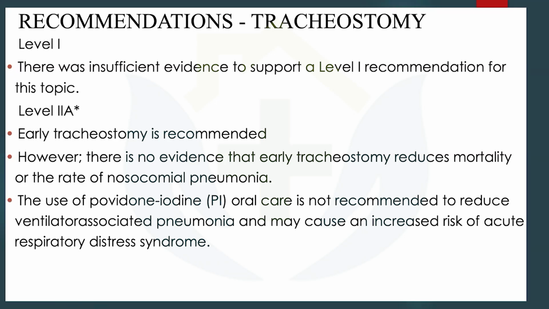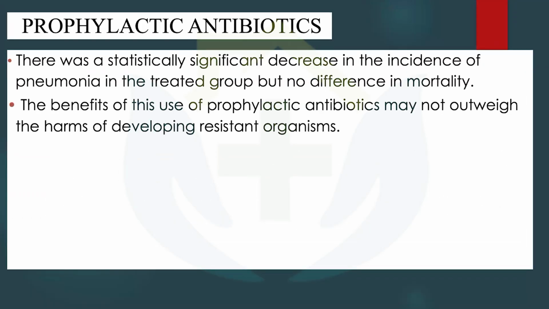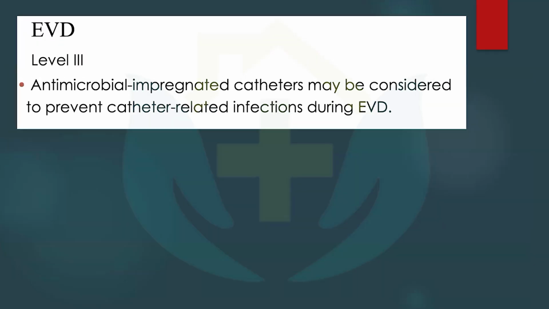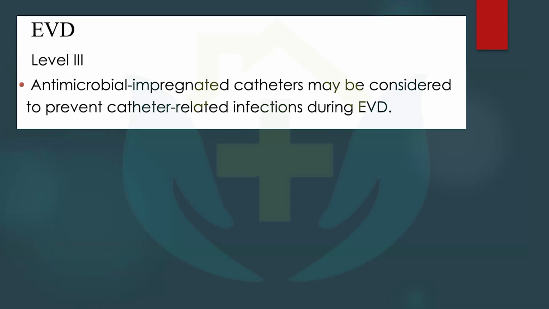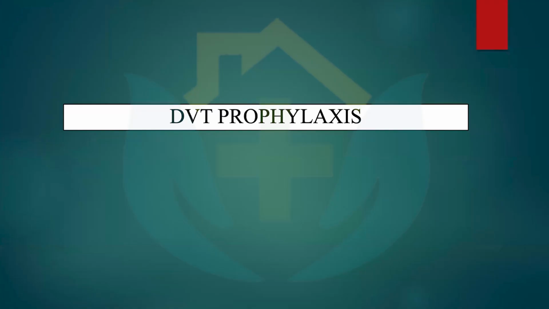So early tracheostomy within 72 hours of ventilation in patients who are deemed to be requiring a greater duration of ventilation is beneficial in this group of patients. Early tracheostomy. Prophylactic antibiotics, yes, they are to be given as I said. And for EVD, antibiotic impregnated catheters can be used, not so important for the topic.